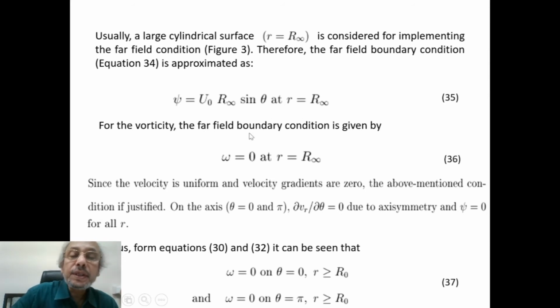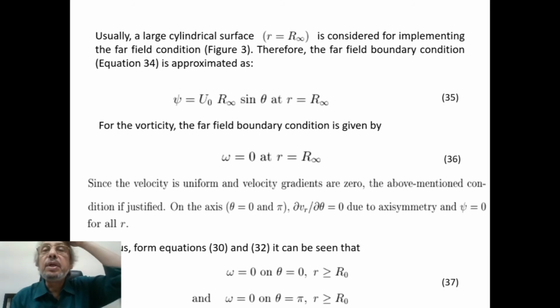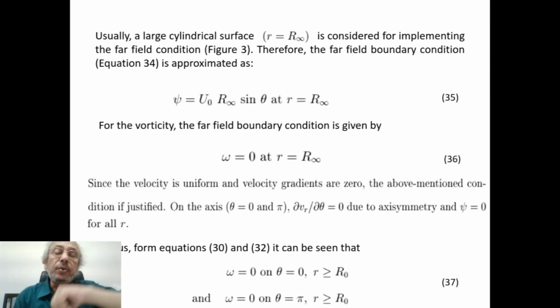For the vorticity, the far field boundary condition is that there will be no vorticity. We will assume that in the far field only the free stream is prevalent, so vorticity is not there. Since the velocity is uniform and velocity gradients are 0, the above mentioned condition is justified.